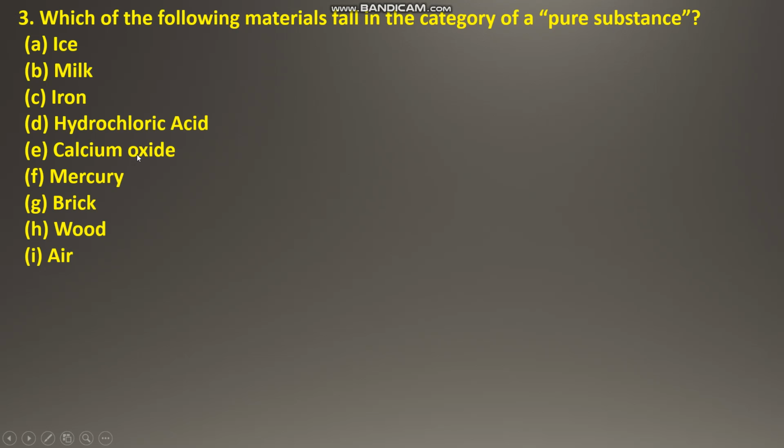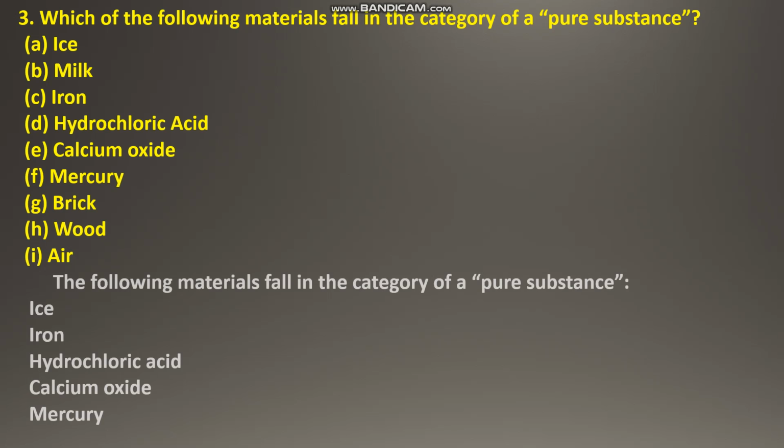Calcium oxide is a compound. It is a pure substance. Mercury is an element, so it is a pure substance. Brick is a mixture of different types of substances. Wood is also a mixture. Air is also a mixture. So let us see what are the pure substances among this: ice, iron, hydrochloric acid, calcium oxide and mercury.